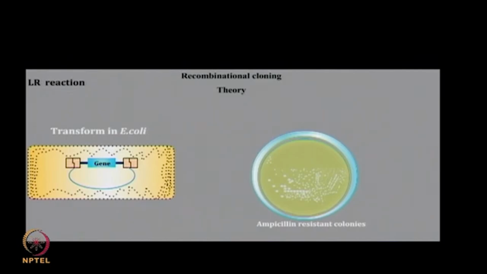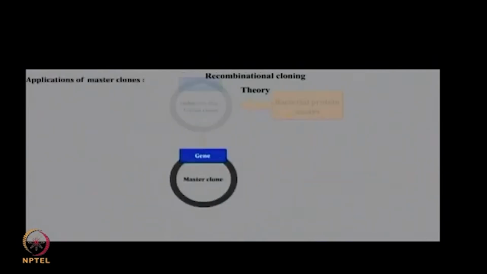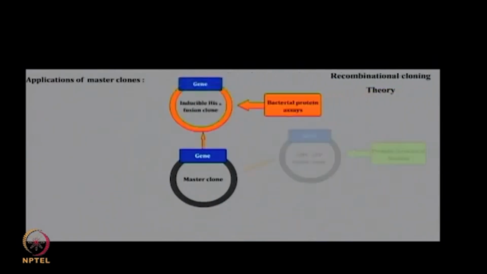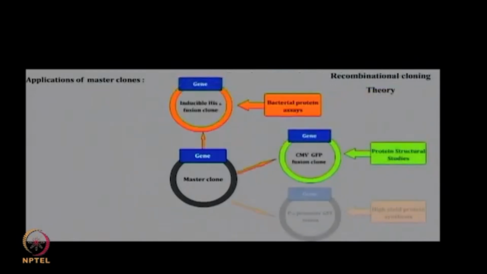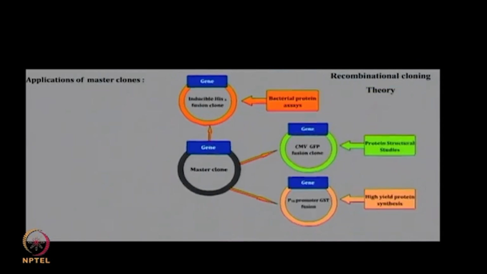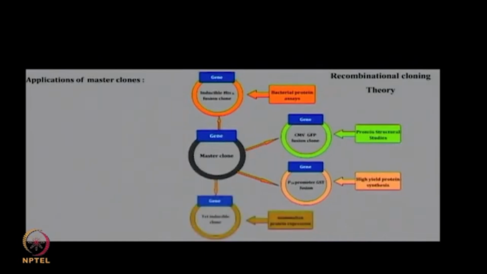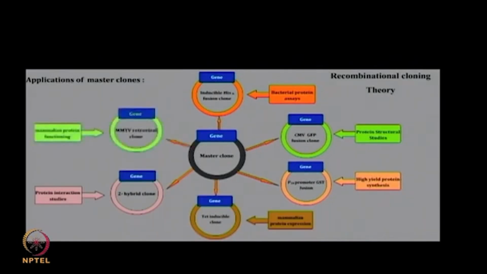Therefore, this recombinational cloning process provides significant advantages over conventional cloning techniques. These master clones can be used for several applications. So, once these recombinational clones are produced, these master clones can be used for various applications.